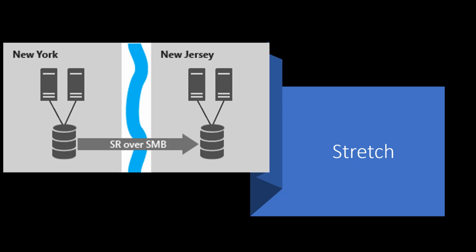In a stretch scenario, it's a little different. If you do synchronous, synchronous is an automatic failover. It will automatically fail everything over. It will automatically bring everything up. If you are asynchronous, we are not going to bring everything up for you automatically. We'll move it over, say New York goes down, or you do a manual failover from New York to New Jersey.